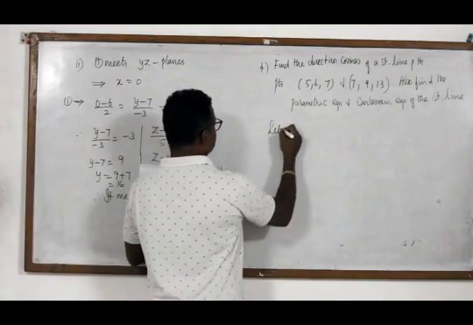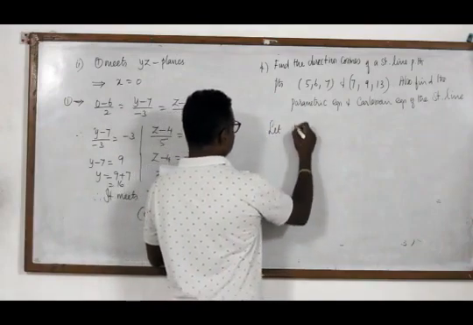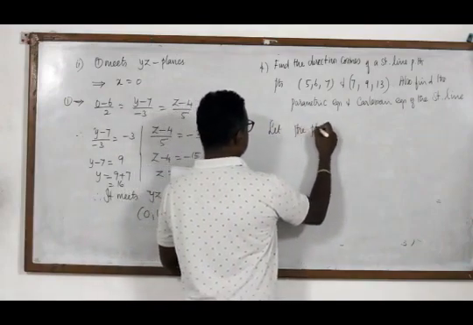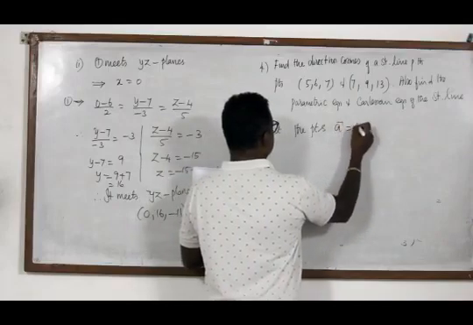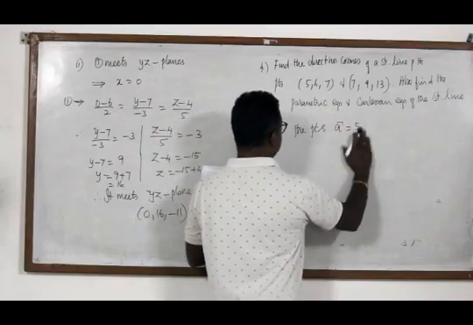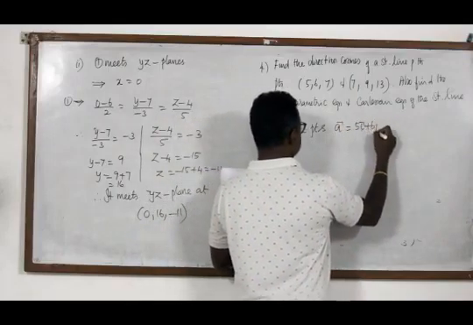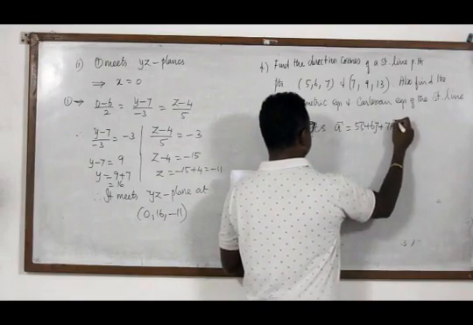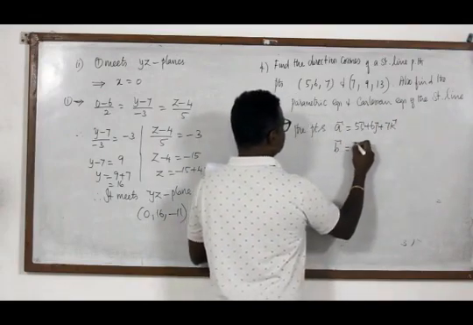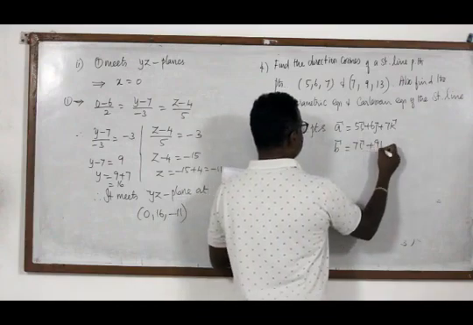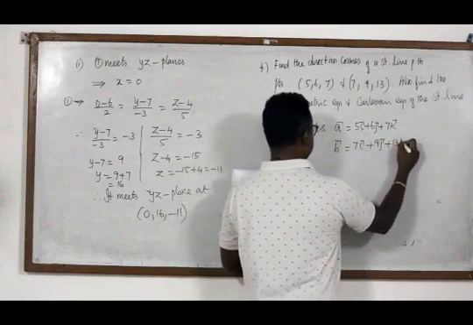Suppose I take the points A vector equal to 5i plus 6j plus 7k and B vector is 7i plus 9j plus 13k.